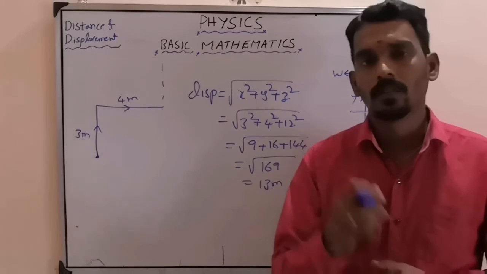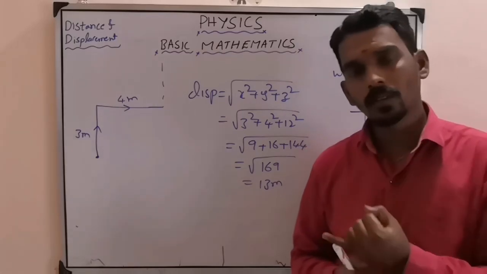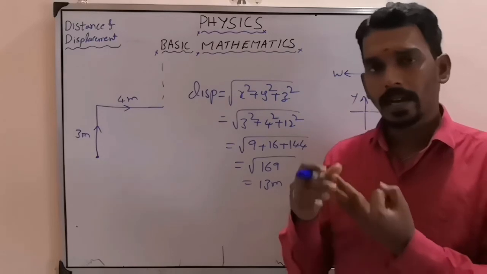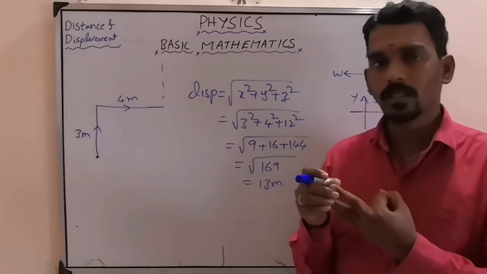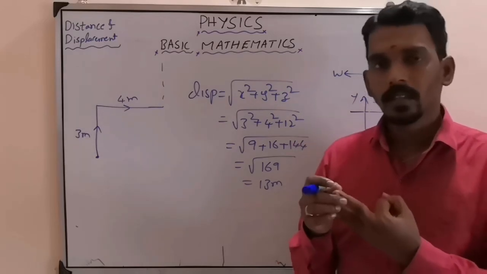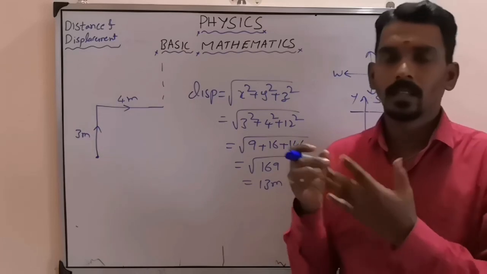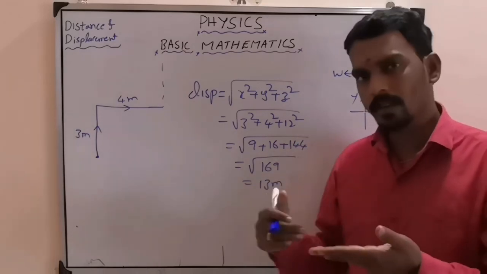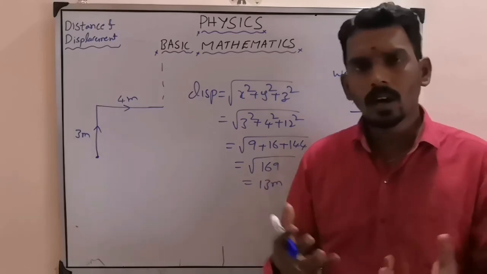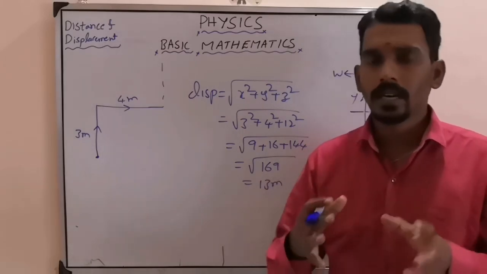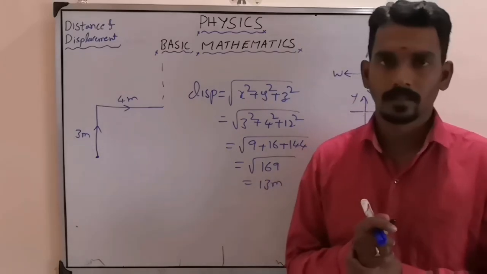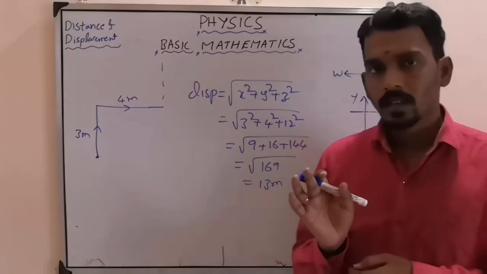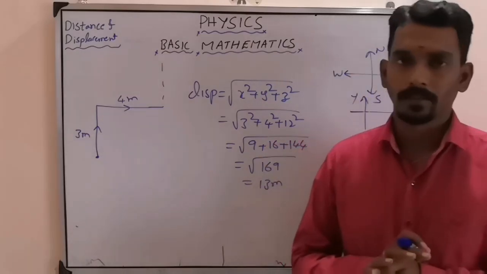What becomes easy? Solving physics. Understanding the question and then draw the diagram if it is required, and take the data from the question, required data, then use the mathematics and then do the calculation. So take care of all these things one by one step. Whenever you are practicing, always take care of all these things. Then only you will understand it properly. Then only you can do it properly.